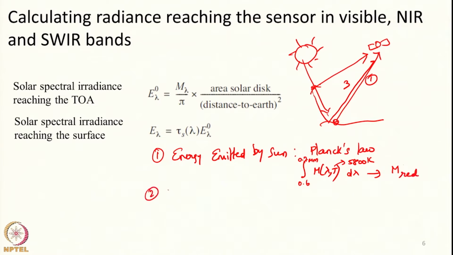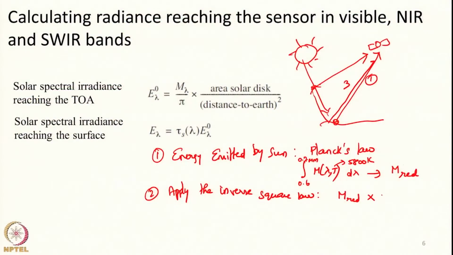Second, apply the inverse square law. This problem we also did in one of the earlier classes. This is the radiant flux density per unit meter square area of the sun, because that is what Planck's law gives, per unit meter square area.